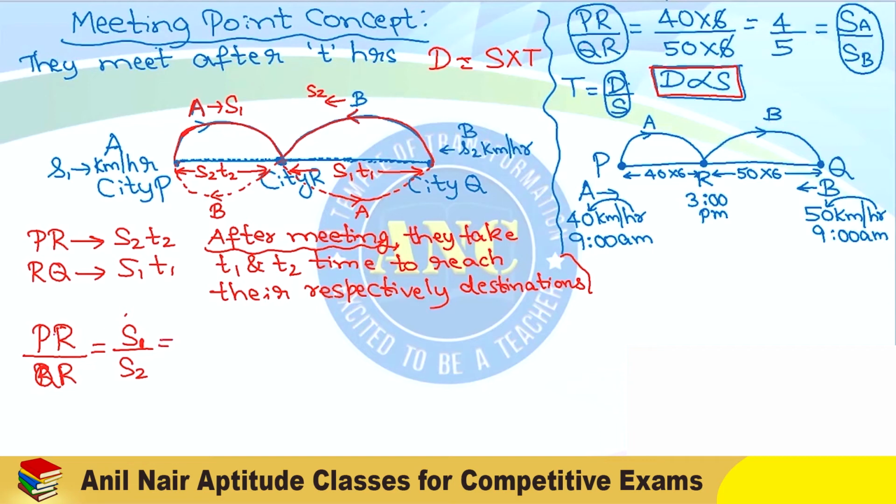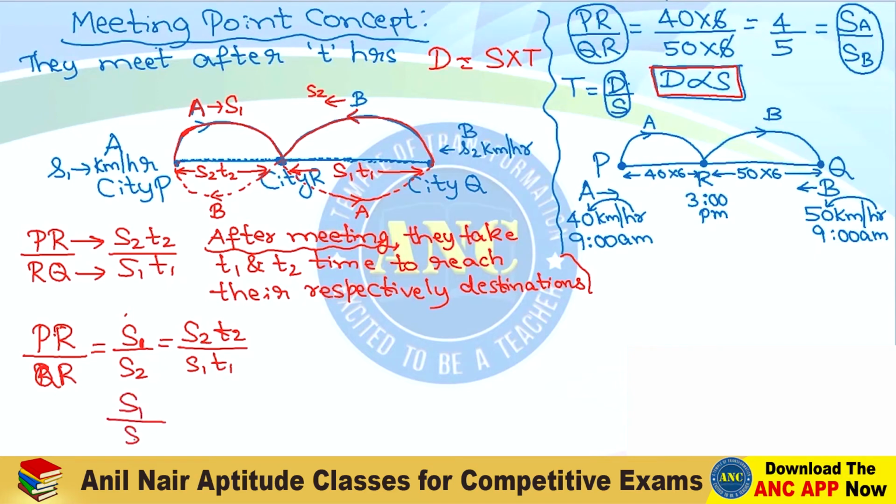But we know that PR by QR is nothing but S2 T2 divided by S1 T1. So if I cross multiply, S1 by S2 and S2 by S1, it becomes S1 square by S2 square is equal to T2 by T1. Very important point.